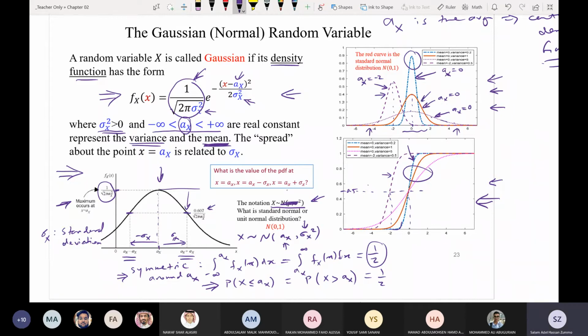The red one has a smoother transition. So as the variance becomes larger, the transition from 0 to 1 in the CDF becomes smoother.